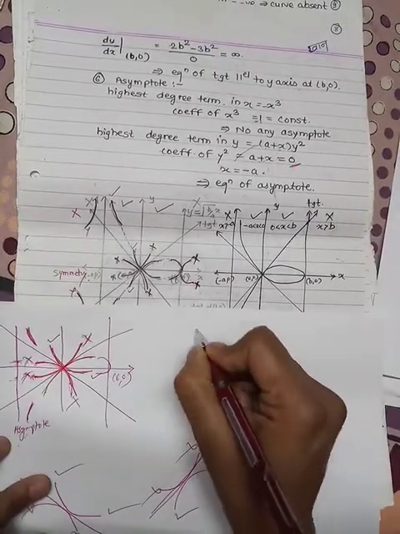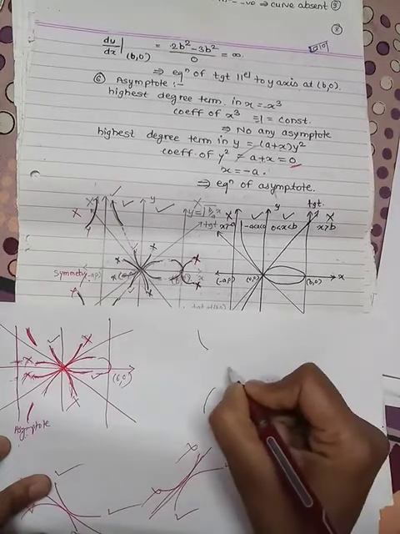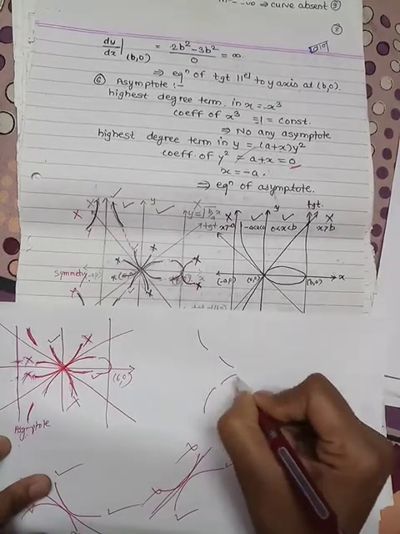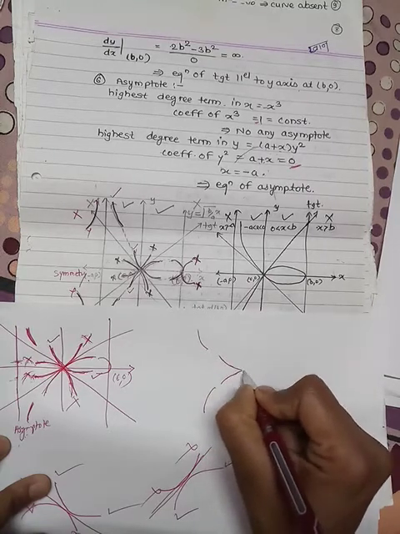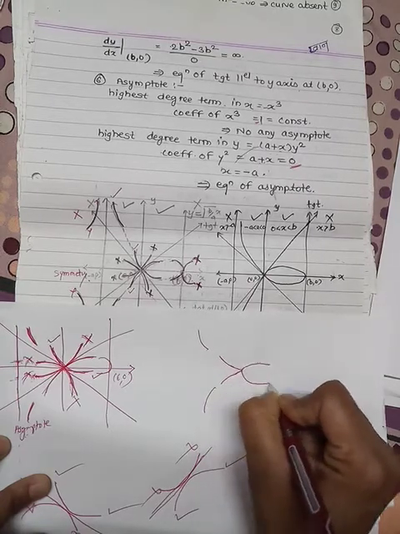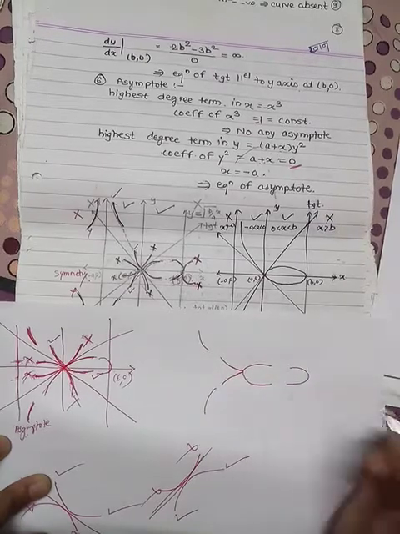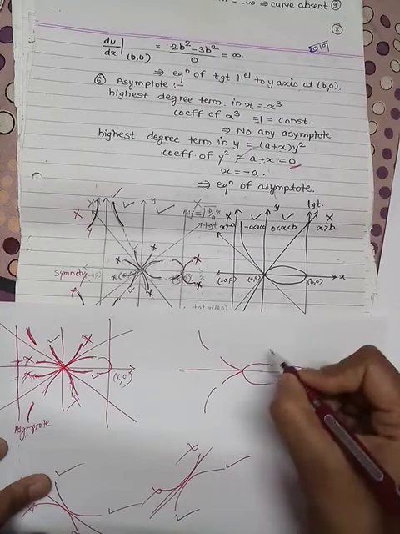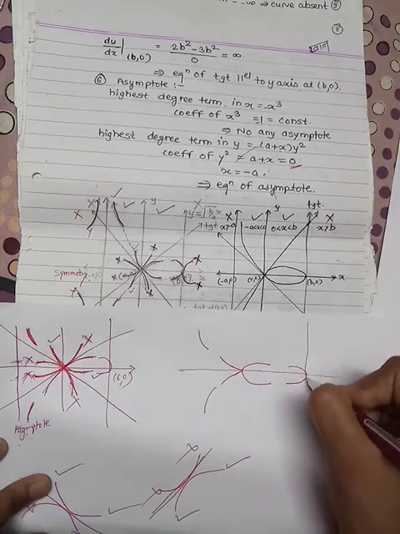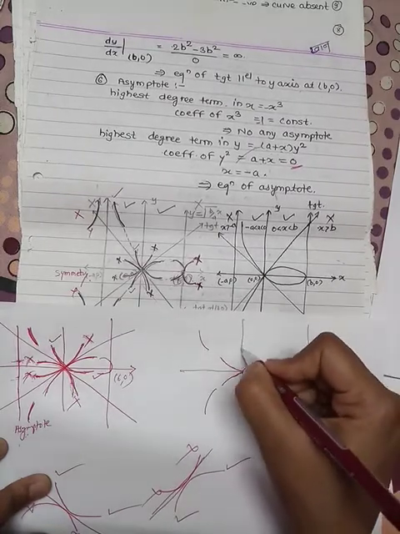Hence the remaining parts are this, then this, then this, and here this. So this is only the final parts.